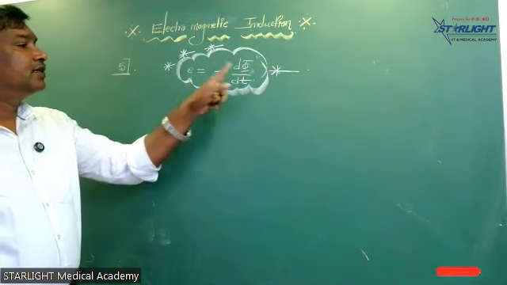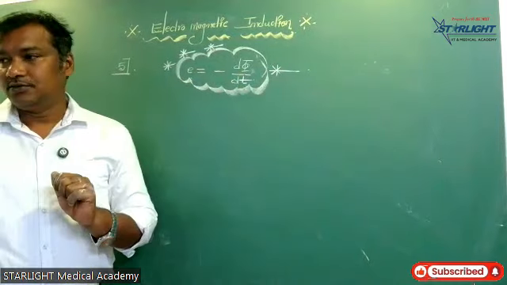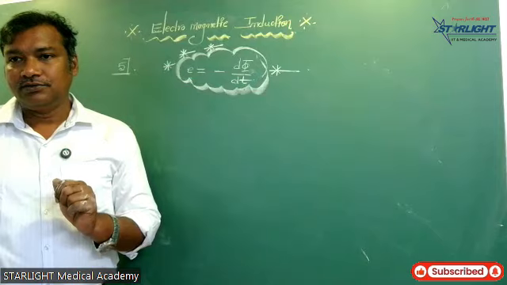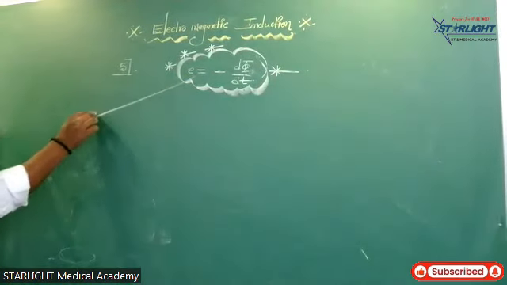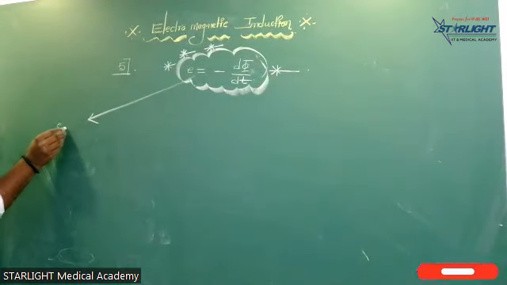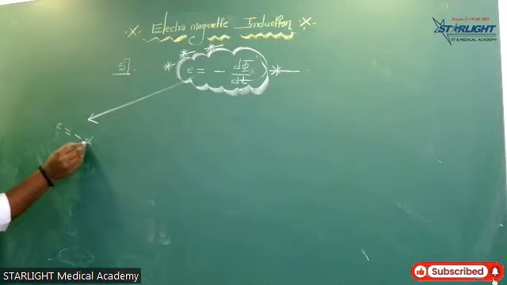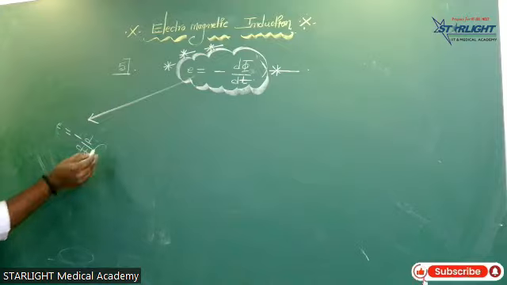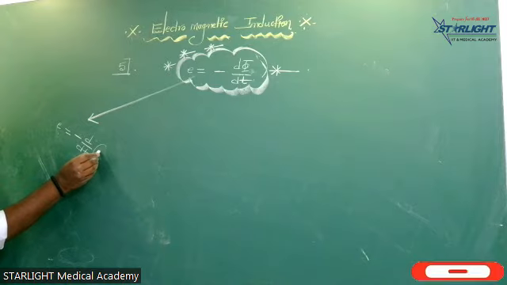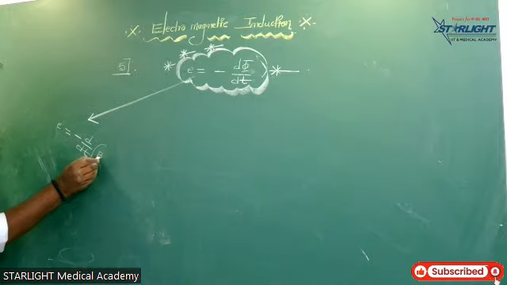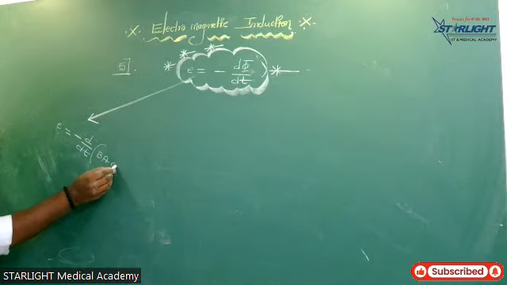Induced EMF, rate of change of flux. ఓకేనా? ఇప్పుడు దీంట్లో చేంజెస్ చేస్తాను ఒకటొకటి. E is equal to minus d by dt of, in the place of φ, flux BA cos theta.